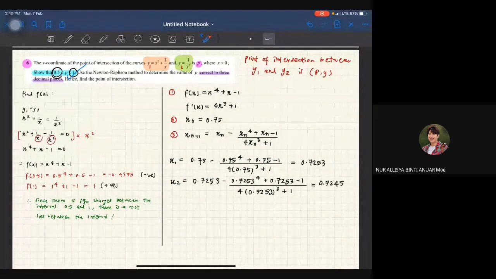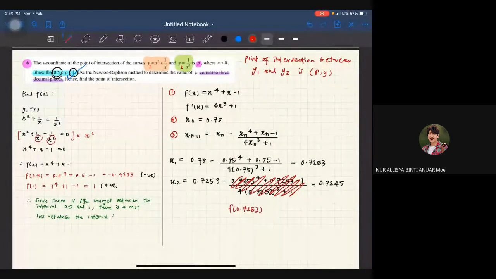So let's say kalau jawapan awak tu salah. Contoh awak tak buat yang ni. Awak tak buat ni. So awak just buat yang macam Eddie cadangkan, which is f 0.7253 over f prime 0.7253.